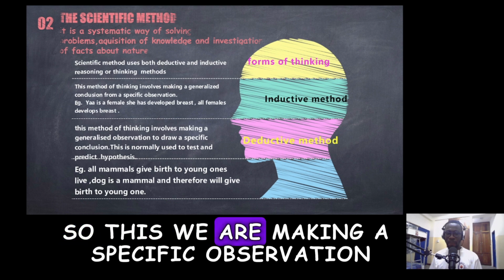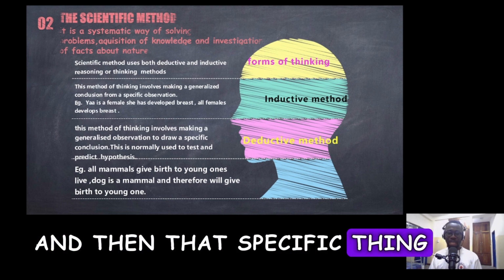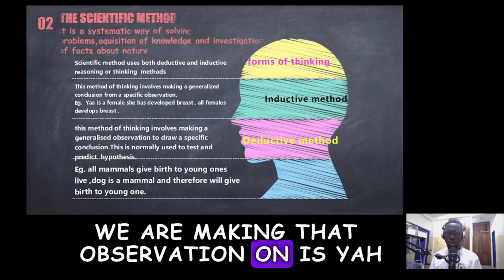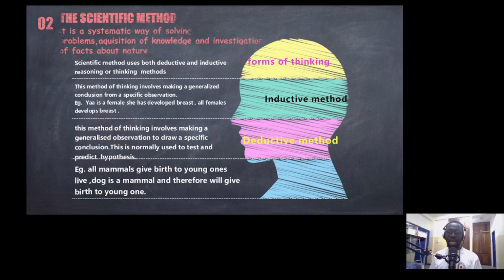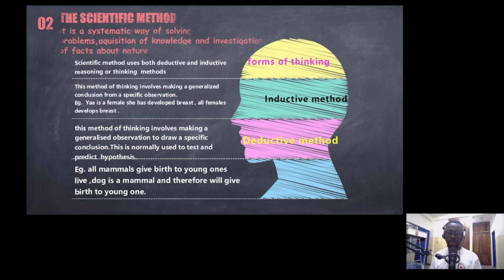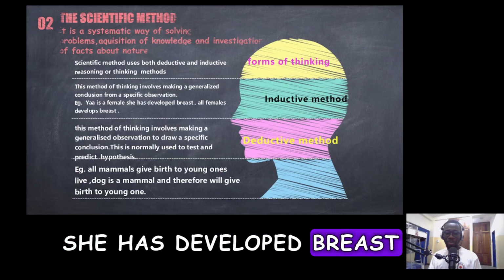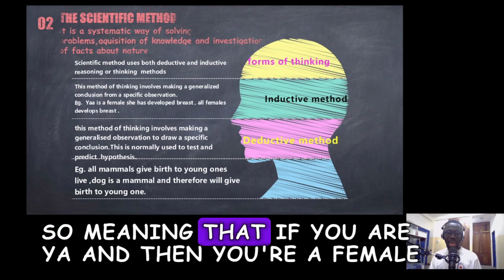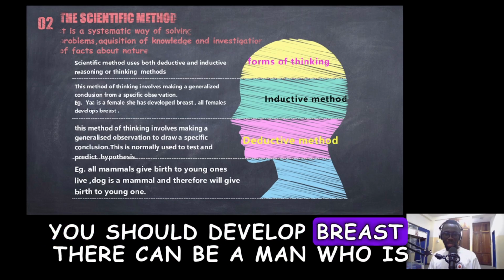So here we are making a specific observation, and the specific thing we are making that observation on is Ya. We are saying that Ya is a female. She has developed breasts. So meaning that if you are a female, you should develop breasts.